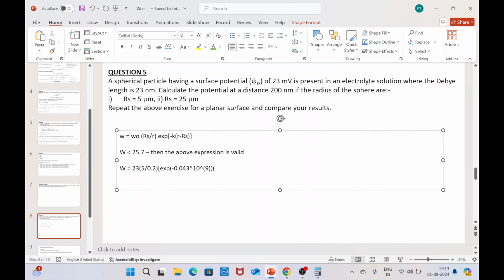So r is 200 nanometers, your Rs is 5 micrometers, so we need to convert.